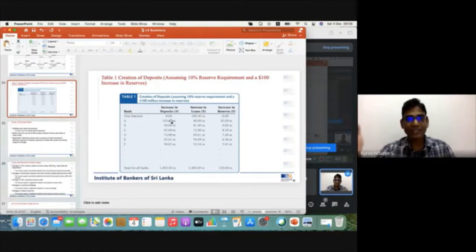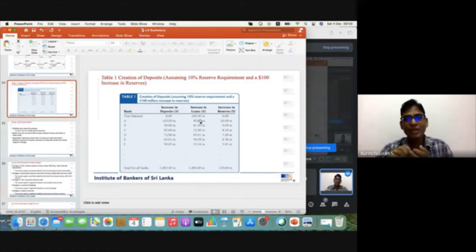So they will deduct 10% out of that. That means 10 million they deduct and 90 million they will give as a loan. So 90 million will be the new loan and 10 million would be the reserve. So now bank A has disbursed 90 million, and in the customer's checkable deposit account, 90 million is there.